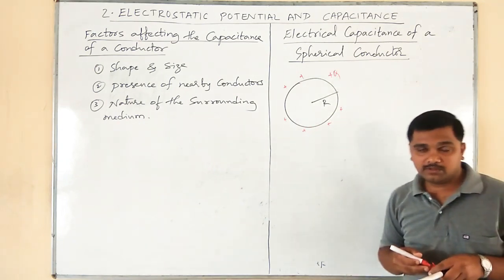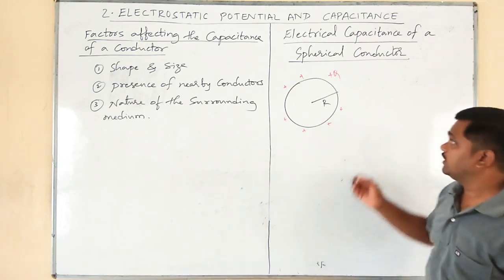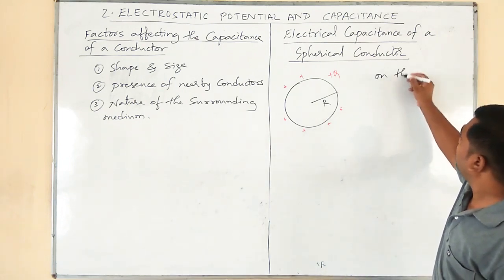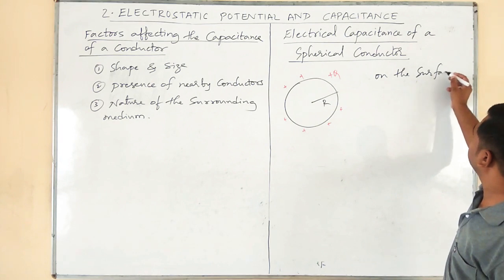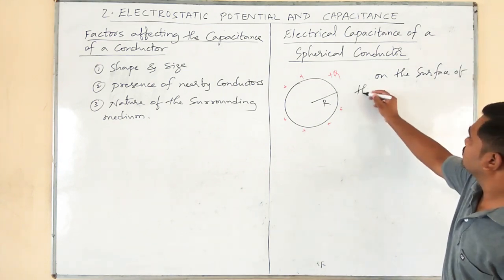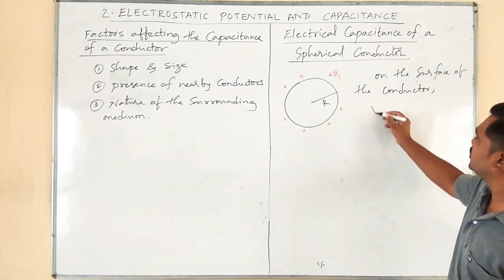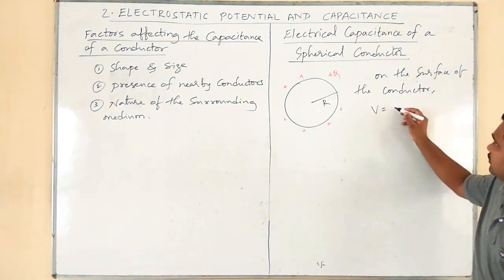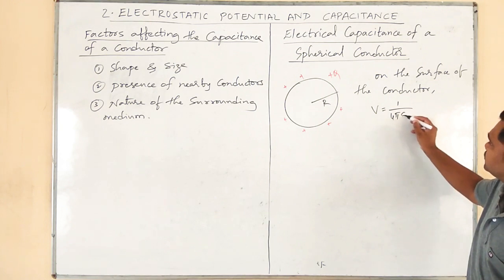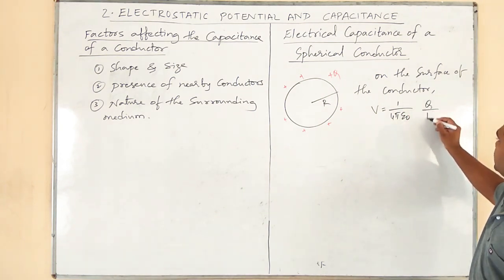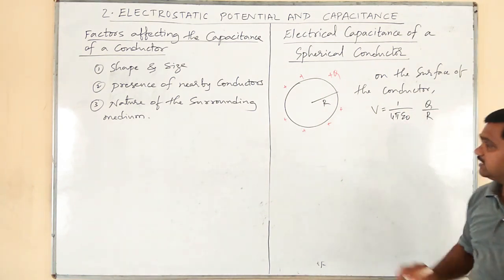On the surface of the conductor, what is the electric potential? Yes, we know it is 1 upon 4 pi epsilon naught, Q divided by R.